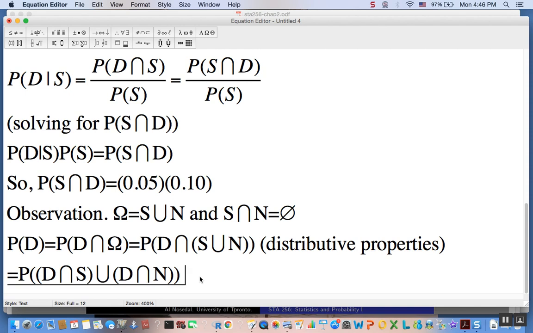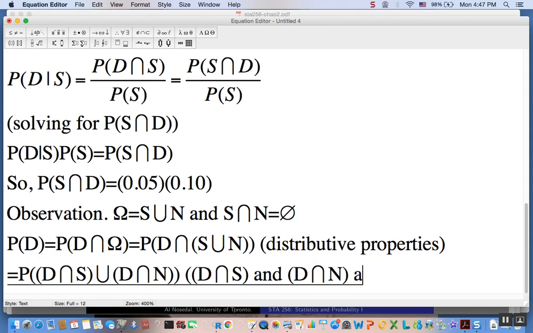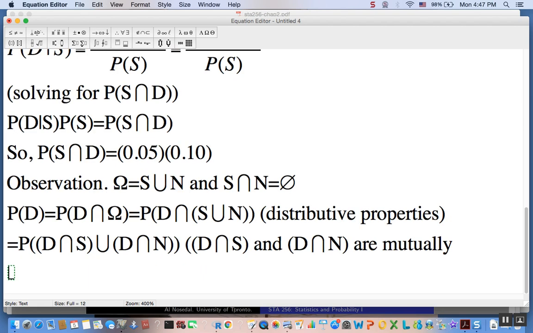Here, note something. It can be shown that the intersection with S and the intersection with N are mutually exclusive.